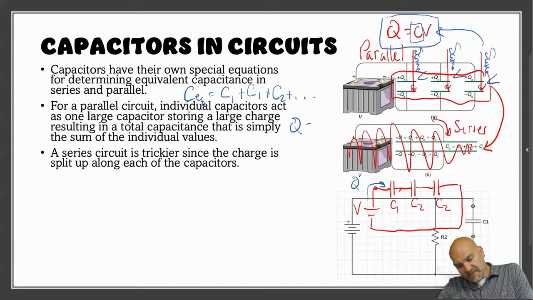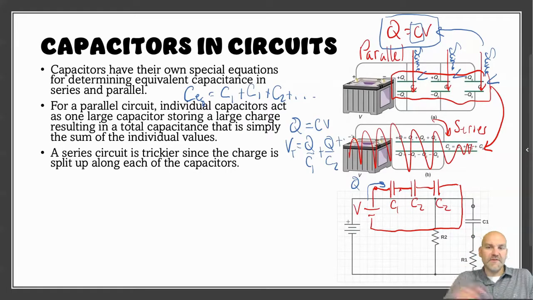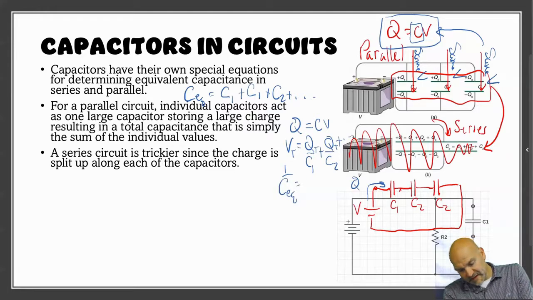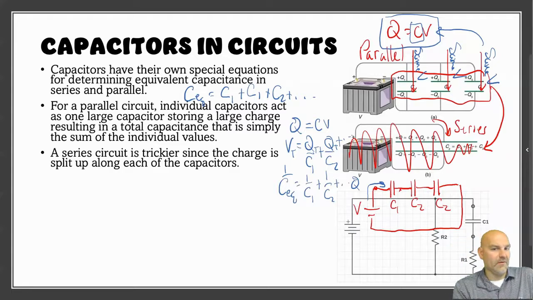And I know from Kirchhoff's rule that the voltage across the capacitors has to add up to the total. That tells me that the equivalent capacitance is going to be that inverse-looking relationship that we saw with parallel resistors. It comes from, again, Q equals CV.